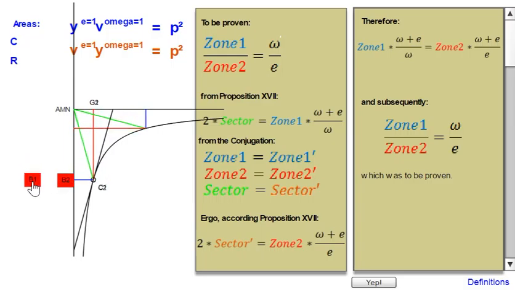So while the quantities disappear in the infinitesimally small, the principle remains.